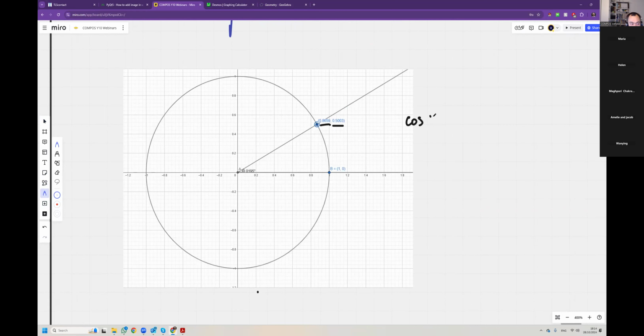So cos 30 degrees is approximately 0.8687, and sine of 30 degrees is approximately 0.50. Well, actually, it's exactly 0.5.